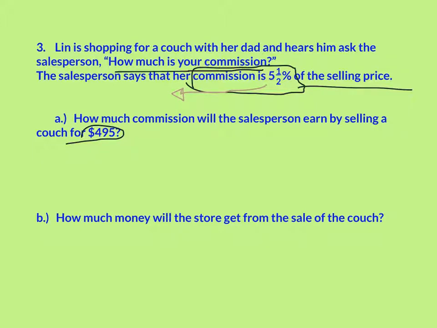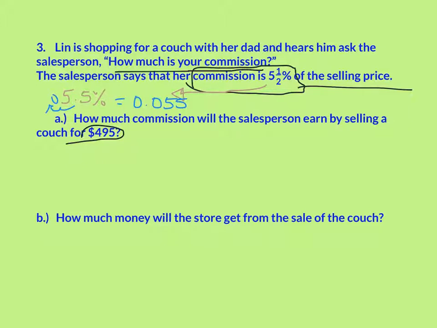So 5.5%, I'm going to change that to a decimal. I move the decimal back 2 places. It needs a placeholder. So that's going to be 0.055 is the decimal that I'm going to be using.